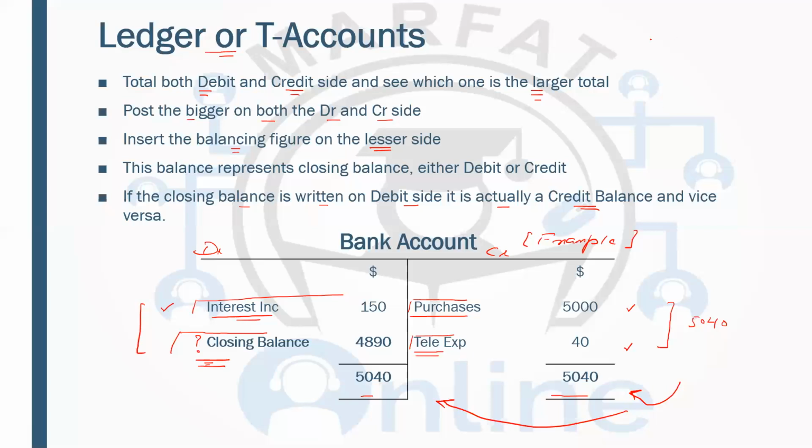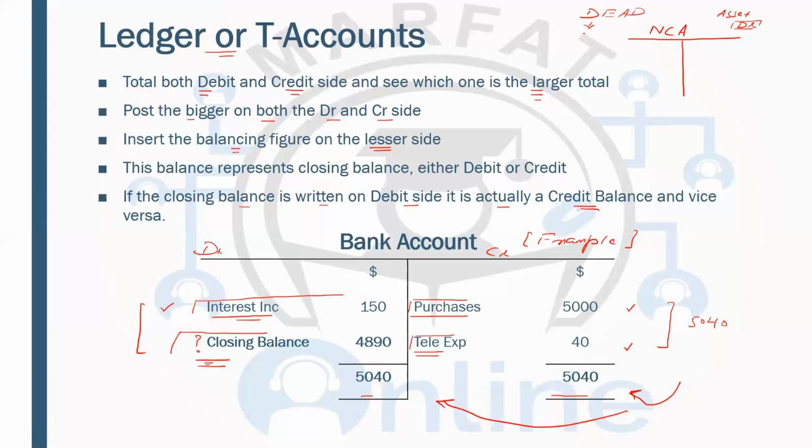What is the logic behind that? Remember that when you are talking about any account, for example a non-current asset, usually assets have opening balances which come on the debit side, because we have a mnemonic, which is DEAD CLIC.